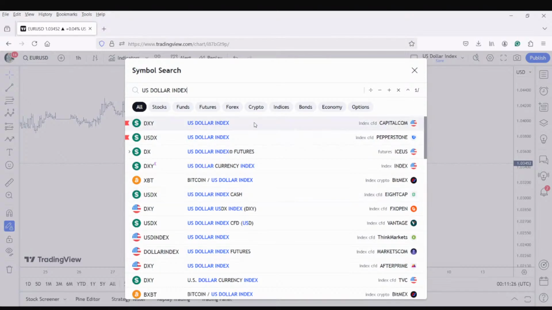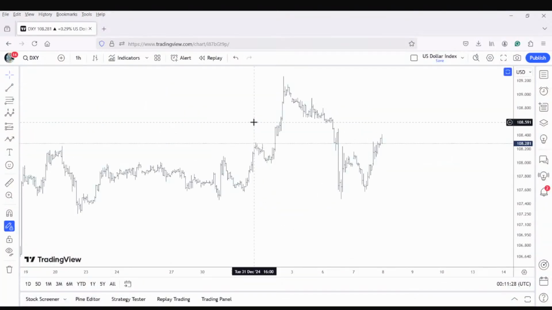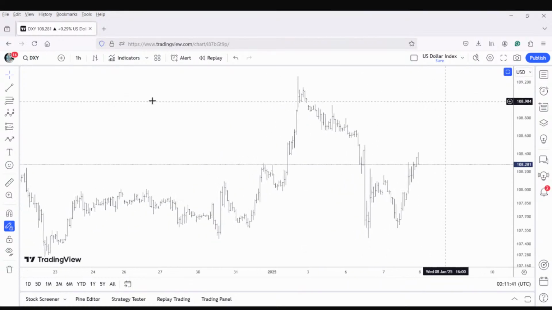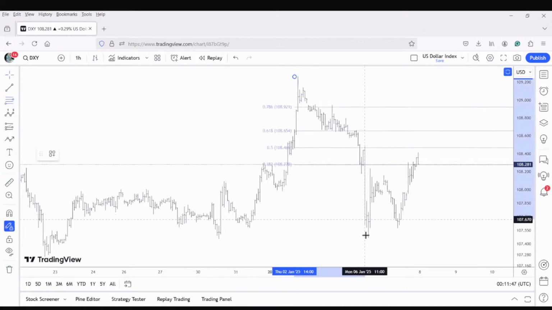You can pick up capital, no problems, or so that's the hourly chart for the US dollar index, and just a bit of zoom in. So we've got the first wave.